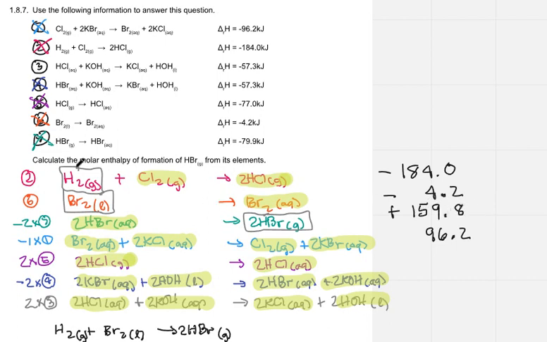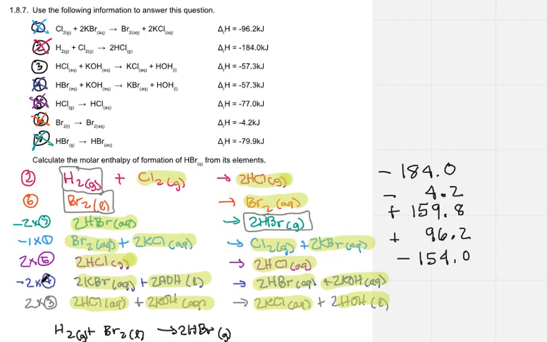Okay, now that I don't trust myself, let's check these again. Reaction 2, minus 184, check. Reaction 6, unchanged, minus 4.2, check. Minus 2 times reaction 7, we flip this and double it, we get 159.8, check. Flip reaction 1, 96.2, check. Put a plus on that if you want to. 2 times reaction 5, we have minus 77, we double it, we get minus 154.